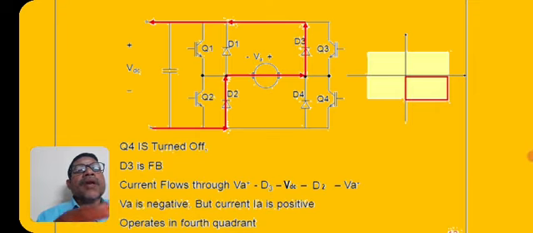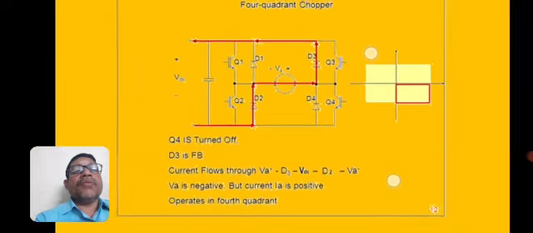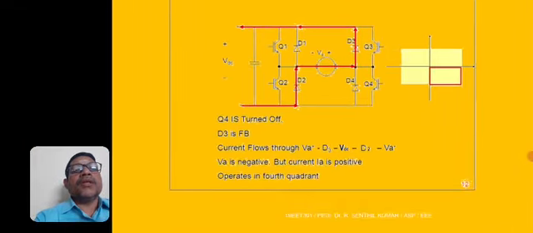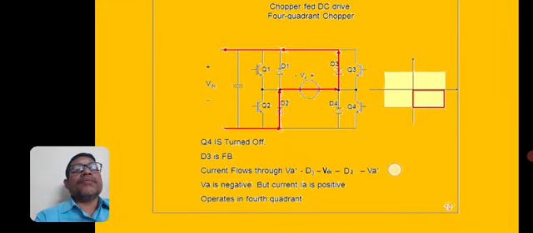Here the direction of current is from left to right, whereas the armature voltage polarity is positive on the right. Therefore the direction of current reverses, whereas the direction of voltage remains the same. You mean the voltage is negative and the current is in a positive direction. Therefore it operates in the fourth quadrant.